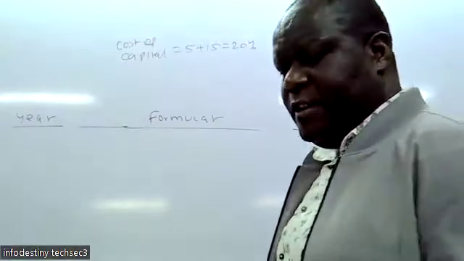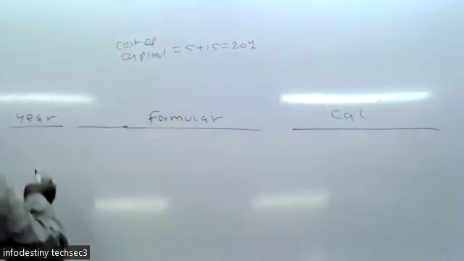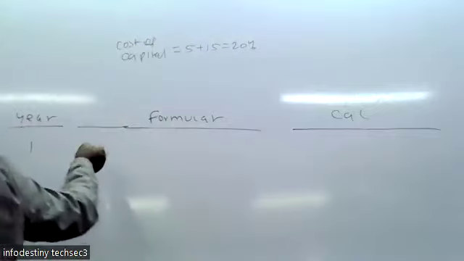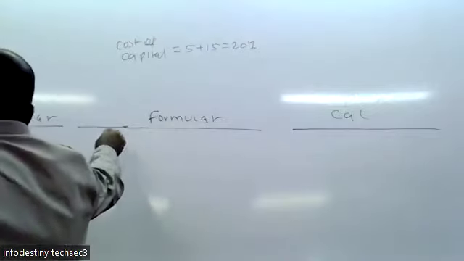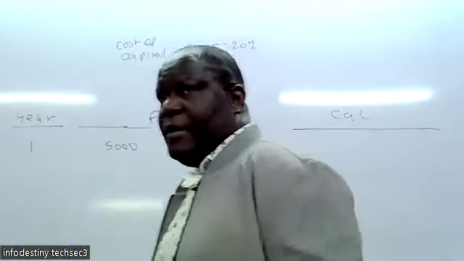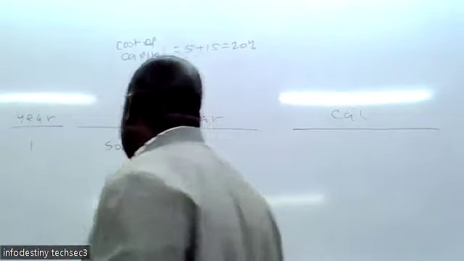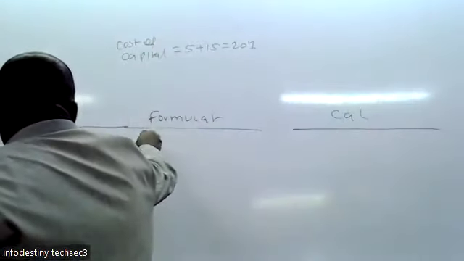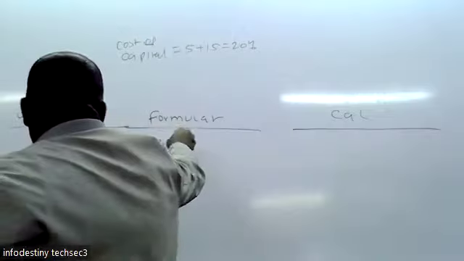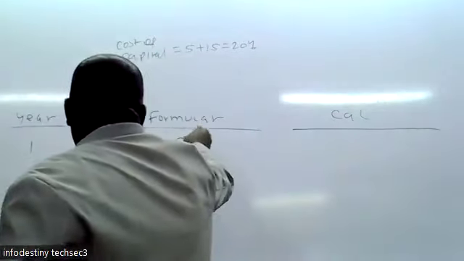So we arrange it in the same way. We start off with year 1. There are 3 zeros at the top. So we'll be using the 5,000, like the other question. They have said 5 millions. So this one we multiply by the present value interest factor, 20% in year 1.